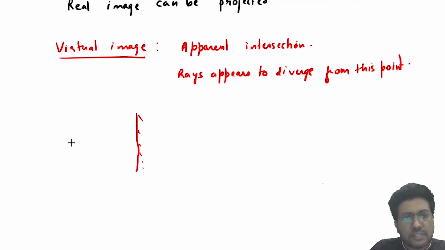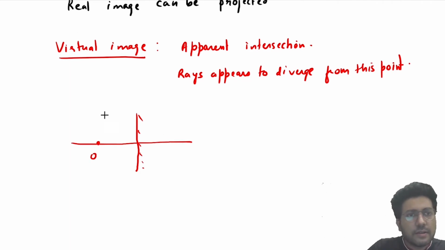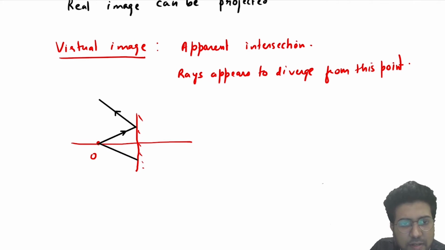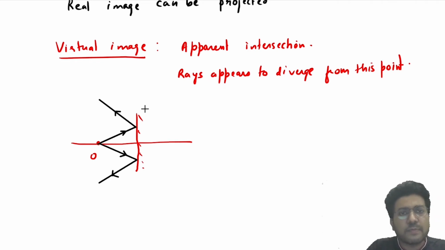See, suppose this is a mirror and a real object. Okay. Now, this is a reflection. This is the incident ray. This is the reflected ray. From here also I'll draw one more incident ray and reflected ray. To form an image, we will need a minimum of 2 rays, because for intersection we need minimum 2 rays, right?